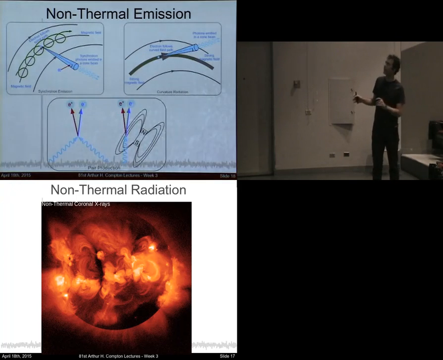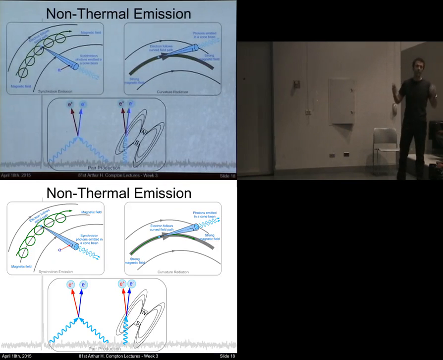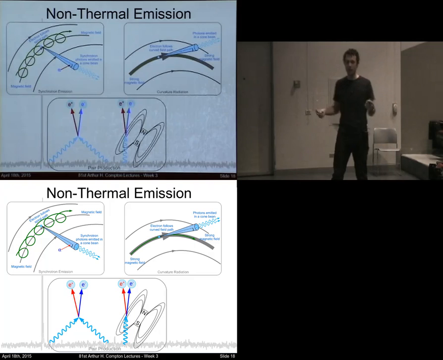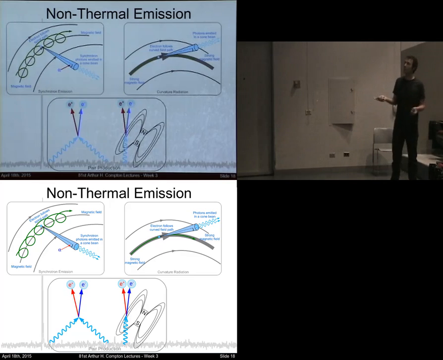Now, this slide is one of those places where I feel like I'm just dumping stuff on you that I didn't properly have a way to build up to, but this is the way we got to do it. So, when I say thermal emission comes from the wiggling of hot atoms, but non-thermal emission, where does that come from? What are these processes?